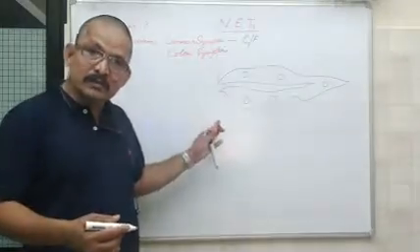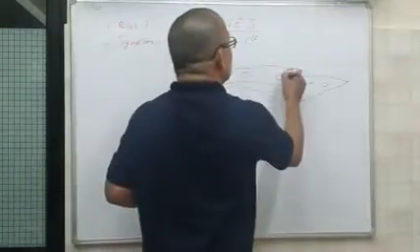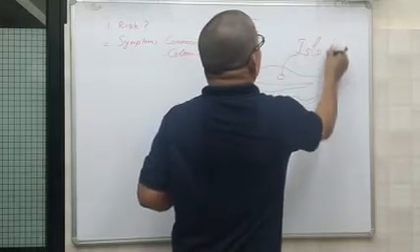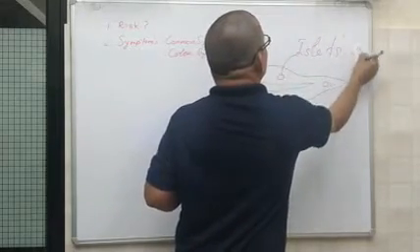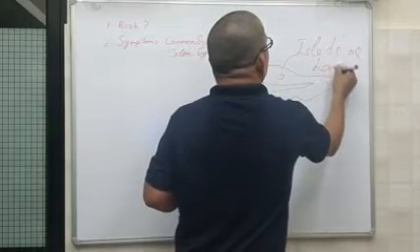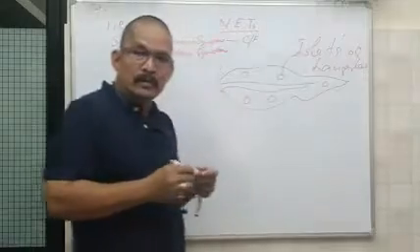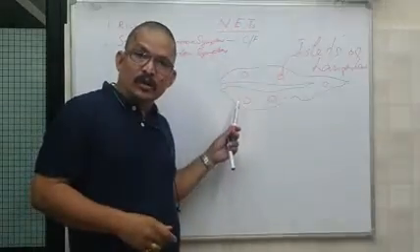That is why these sets of cells are termed as islets of Langerhans.